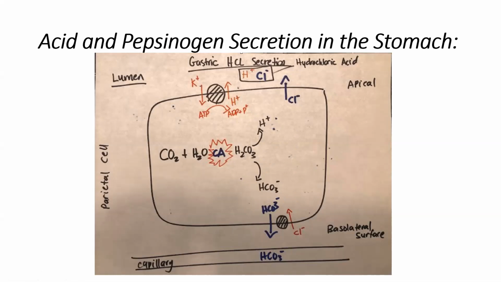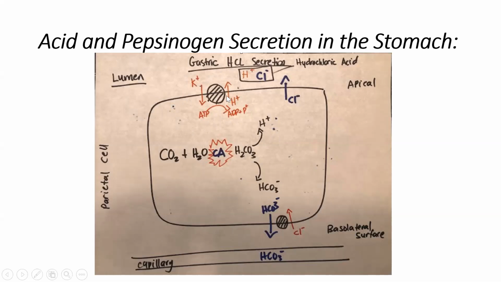Now, the hydrogen ions that are dissociated from this carbonic acid are exchanged via this proton pump. It is actively moving potassium into the cell and hydrogen ions out of the cell by using ATP and using that energy to move both of these ions.